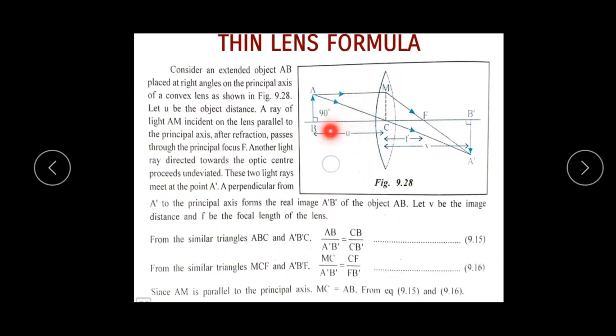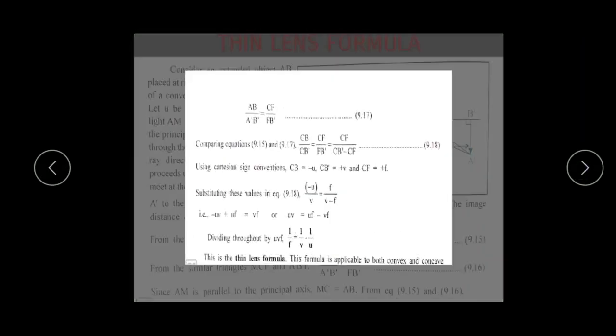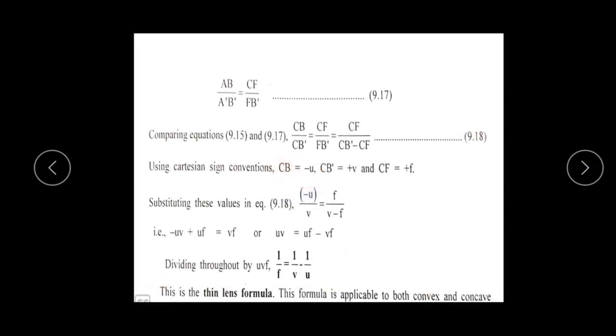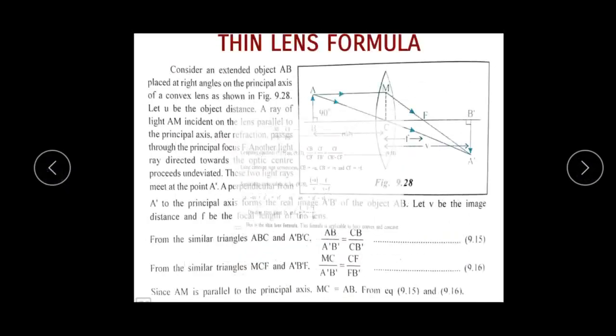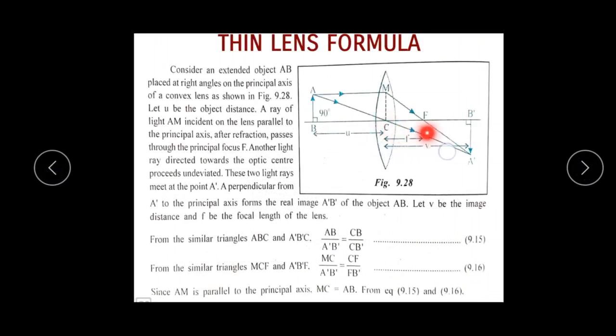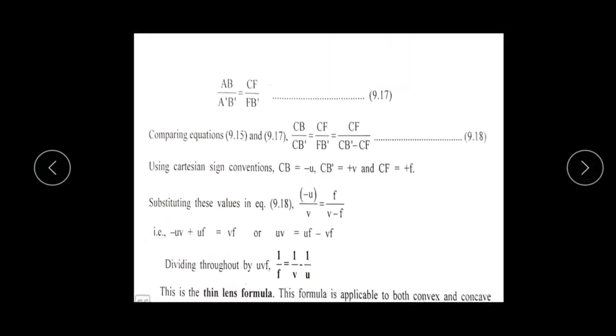Hence it is taken as negative, so CB is equal to minus U. Next is CB dash. The measurement is from C to B dash, and the direction of light is also the same, hence it is positive. Next one is CF. For CF also, the direction of measurement and the direction of incident light are both the same, so it is positive. CB dash and CF are taken positive.